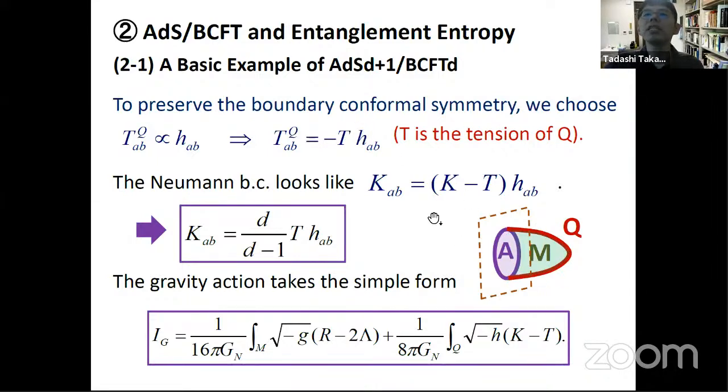In this case, the equation of motion, the Neumann boundary condition, takes a very simple form: K_ab is just proportional to h_ab, and we can solve this precisely. Then the gravity action on this background M, the gravity dual of this BCFT, takes the standard form: the Einstein-Hilbert action, the Gibbons-Hawking term, plus a tension term.